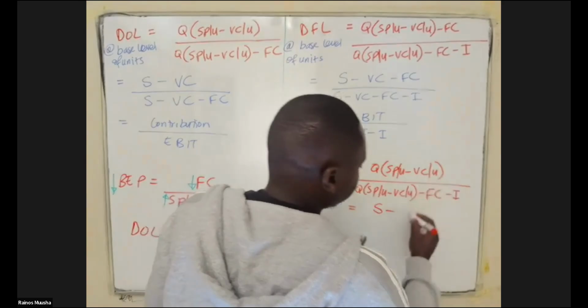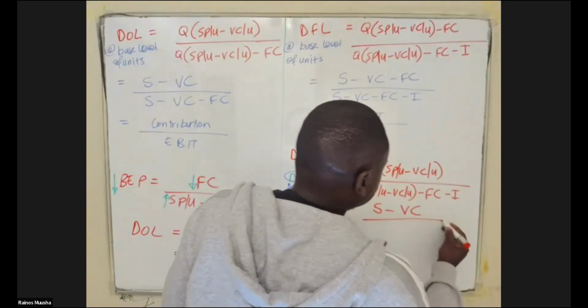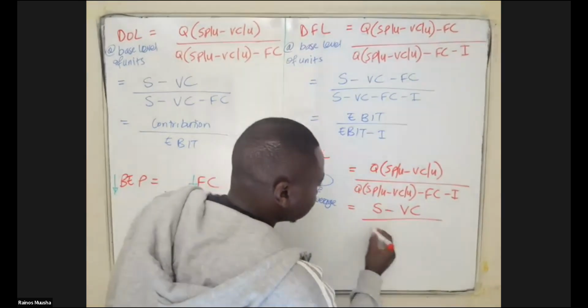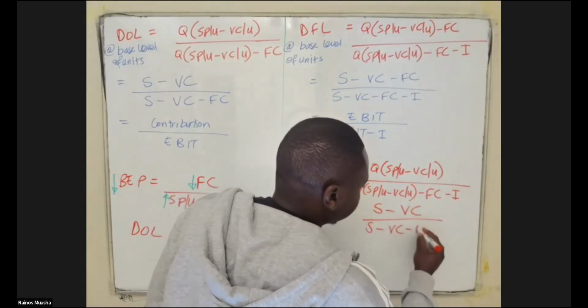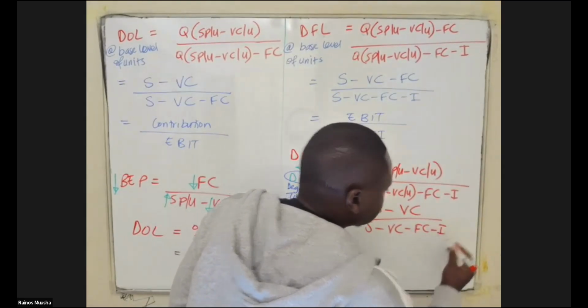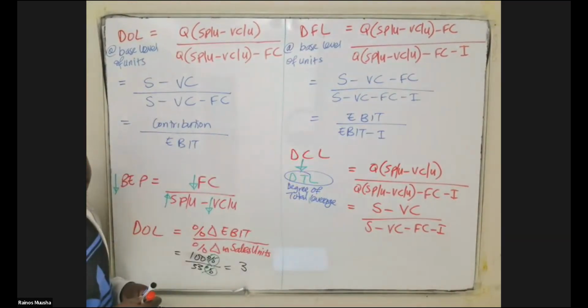Quantity times variable cost per unit gives you the total variable costs.